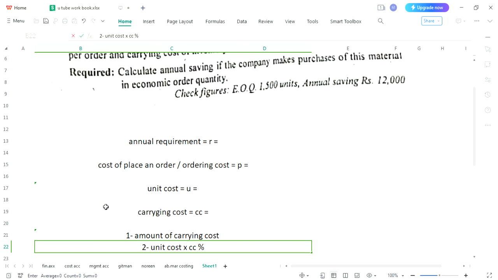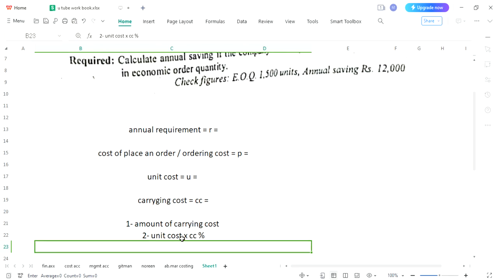Understood? There are three different ways in which carrying cost would be given in your question. First, the direct amount of carrying cost. Secondly, a percentage related to carrying cost, which you will apply upon unit cost. And third, carrying cost can be given separately.